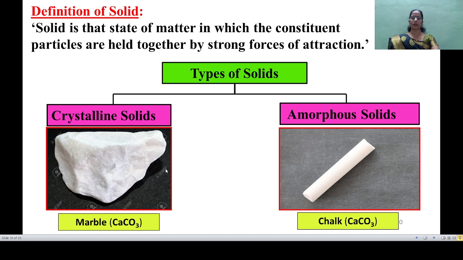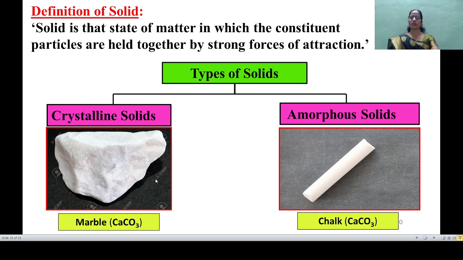But you will observe that they show different properties. For example, you can easily break this chalk, but you cannot easily break the marble. Now, the question will arise in your mind: why is there such a difference in the properties of chalk and marble, though they have the same chemical composition?